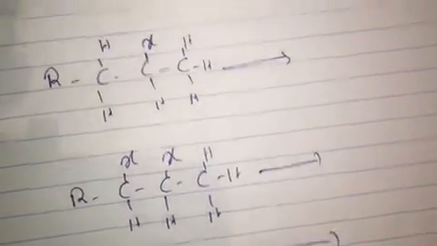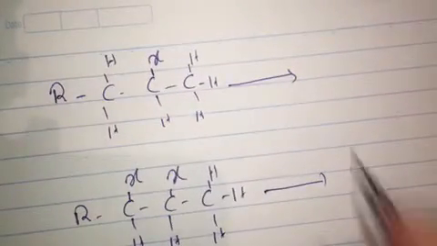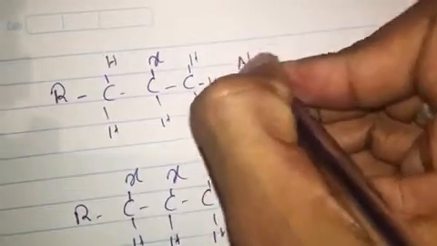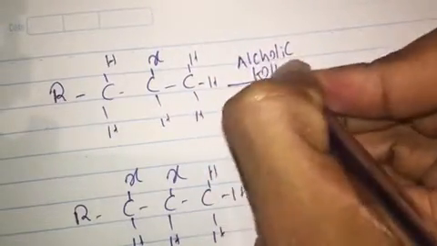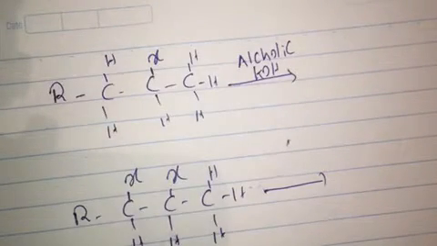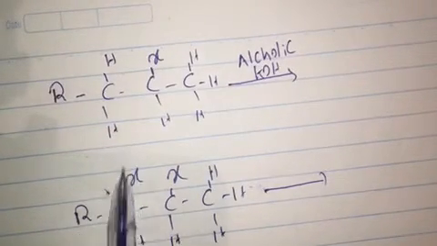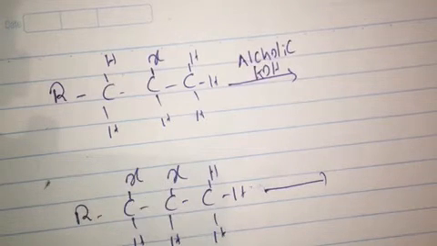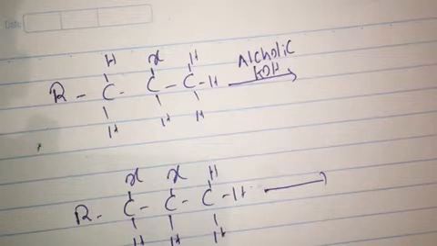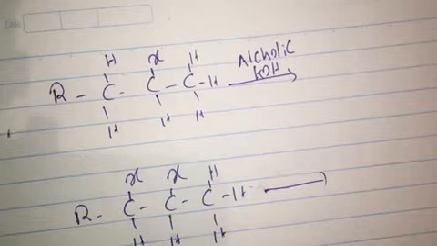I add alcoholic KOH as reagent to this alkyl halide. When we add alcoholic KOH to an alkyl halide, the HX molecule is removed.